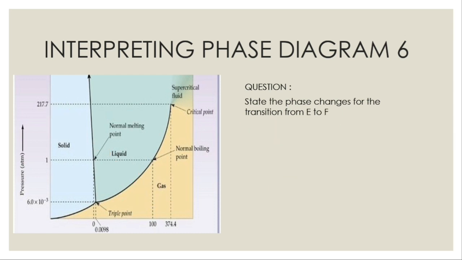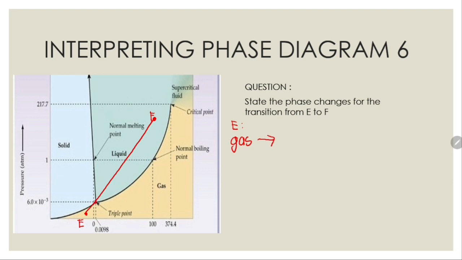Another one to try. State the phase changes for the transition from E to F. Let's say I start here with E, and this one is F. Draw a connecting line between these two. At E, it starts in a gas phase.